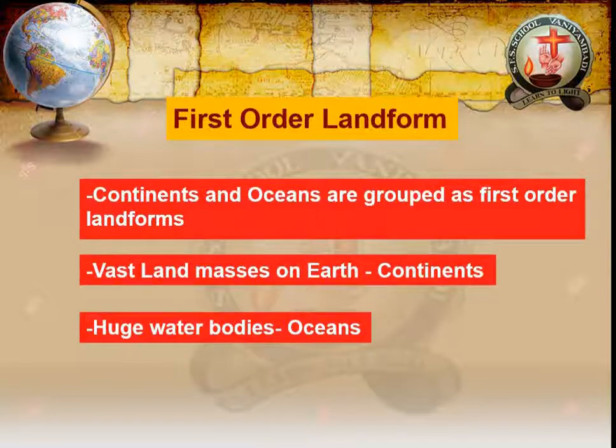Once again, I'll repeat, 71% of Earth is covered with water bodies, that is ocean, and only the remaining 29% of the Earth is occupied by land.